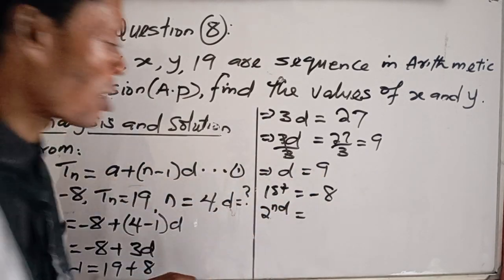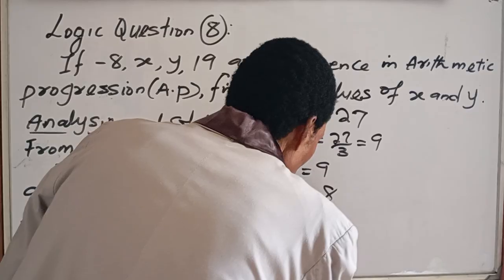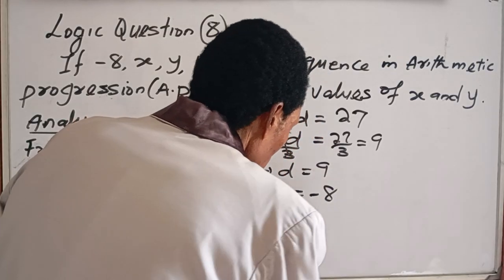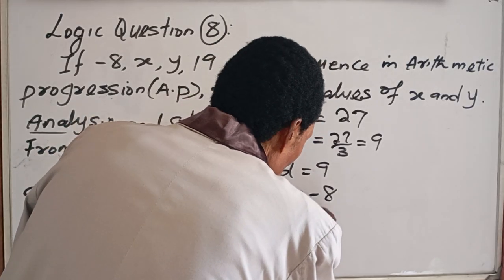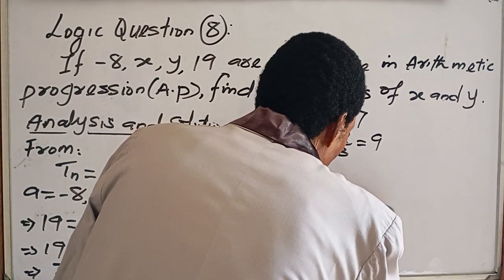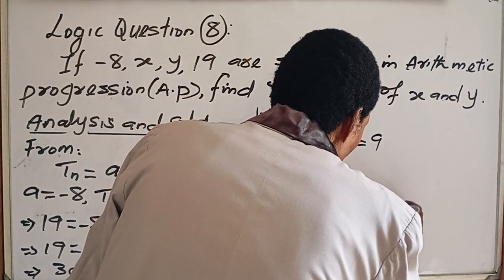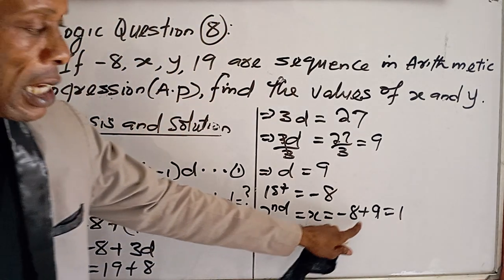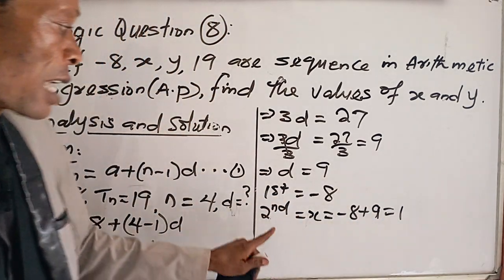So the second term, x, equals minus 8 plus 9, which will give us 1. That is for x.